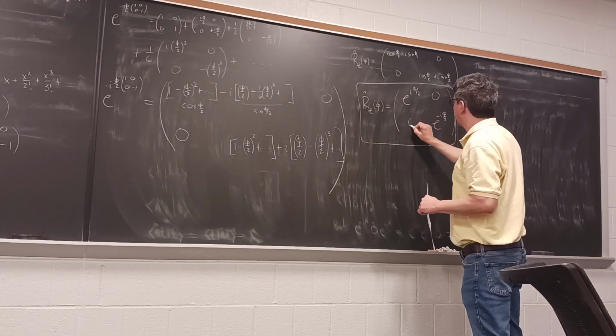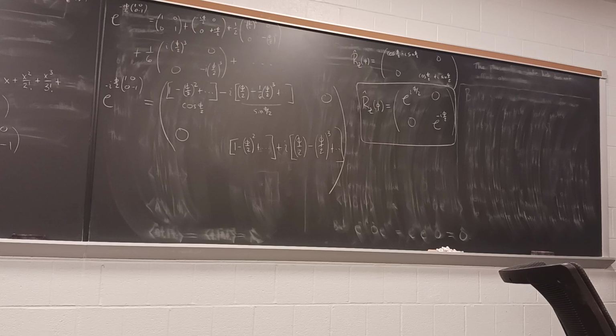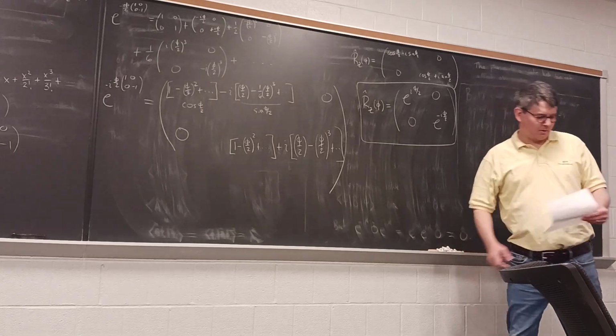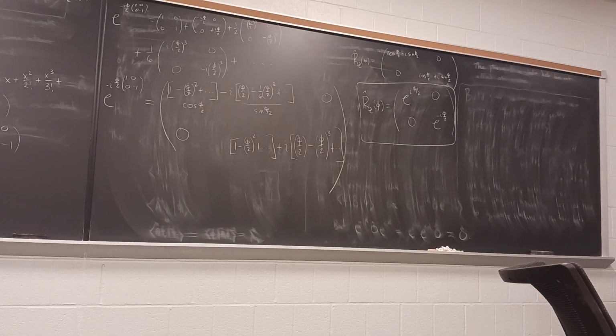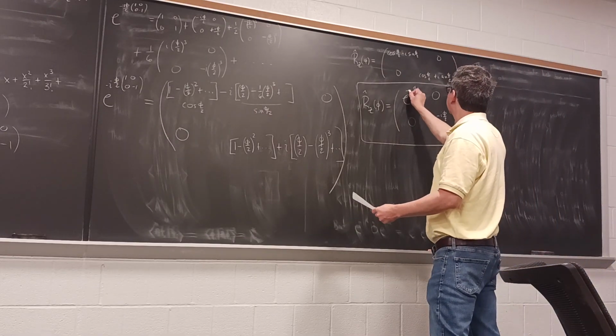So this is the matrix representation for RZ. Okay, so, did I get that backwards? Yeah, this is minus and this is plus.